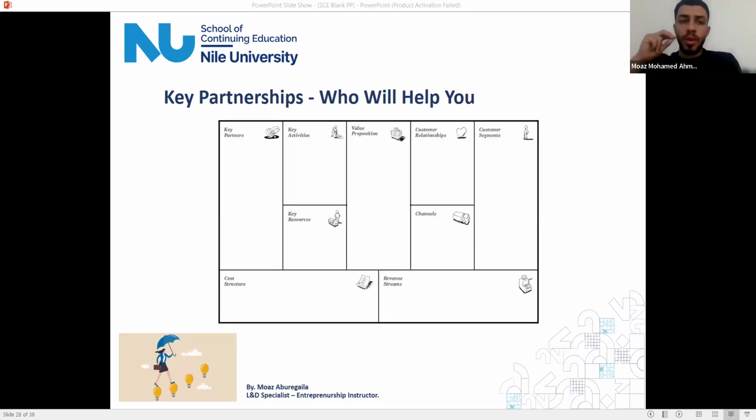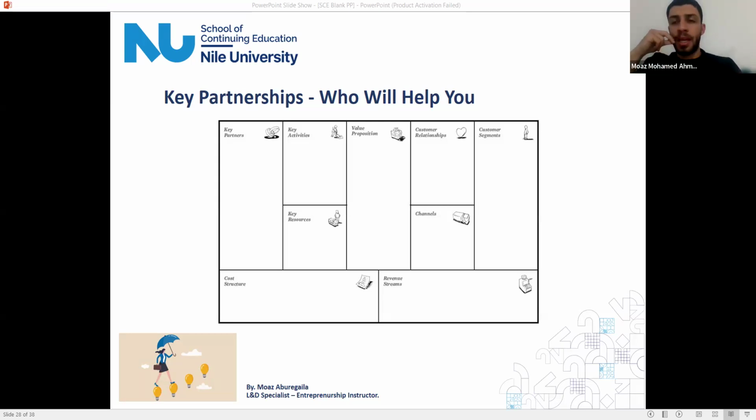In this component, the key partnerships, I want you to think about who your key partners are and how well they help you deliver your value proposition. Think about organizations or individuals that can provide resources, reduce risks, or help you scale faster.